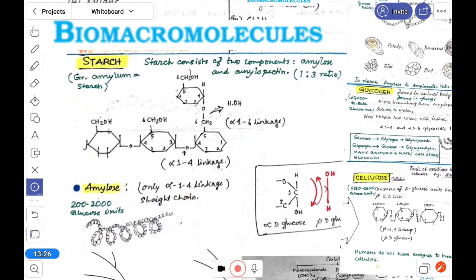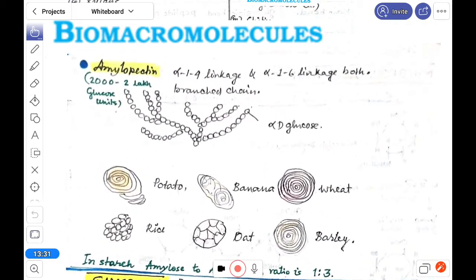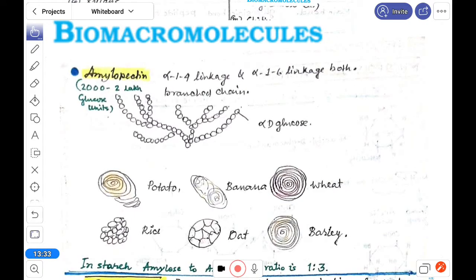But if we see amylopectin here, the straight part is there, meaning the 1,4 linkage, and in these areas where the branch starts, the alpha 1,6 linkage is also there. So this type of branching structure is also there.